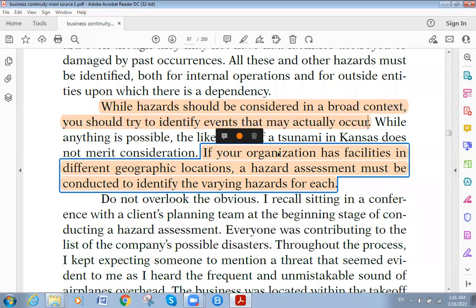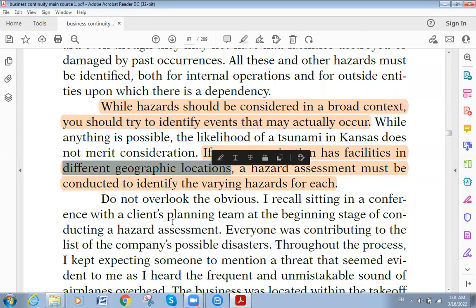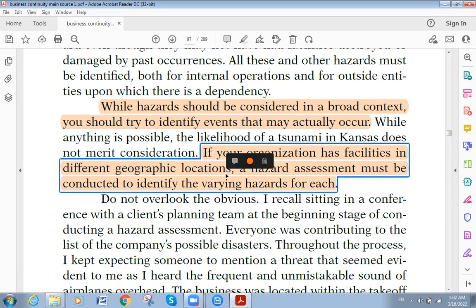Also, if your organization has facilities in different geographic locations, as an example, a warehouse here, another center for selling there, and a logistic system of transportation in another city or whatever, always try to make a hazard assessment for each single part of your whole system.